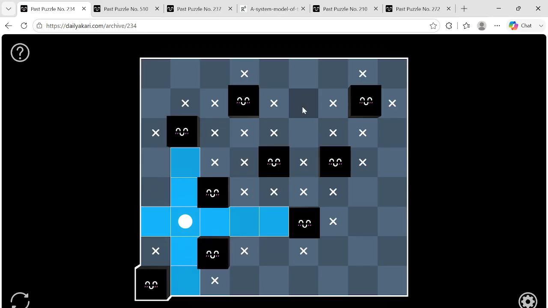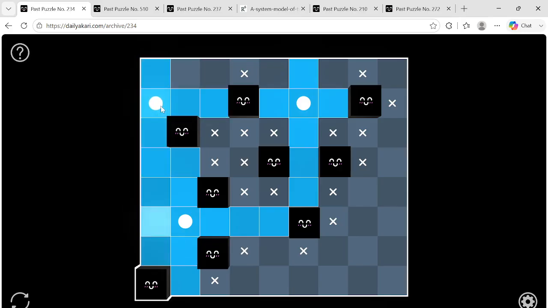So here, this diagonal line is green because of this. This is also green, and this is red. So this must be a bulb. And similarly here, this is green, this is also green, and this is red, so this is a bulb.